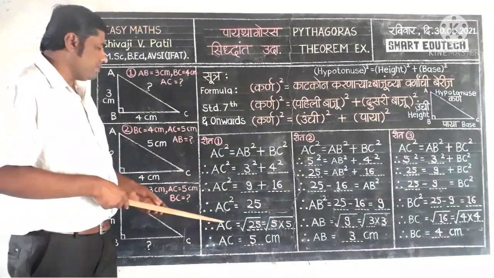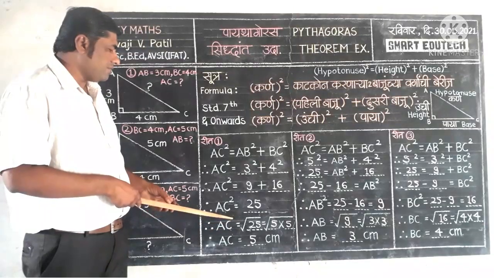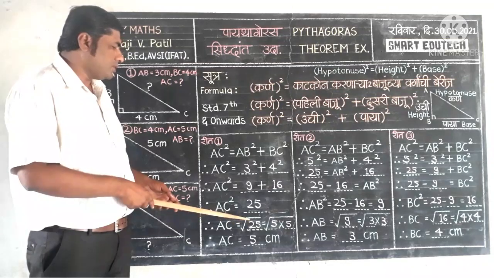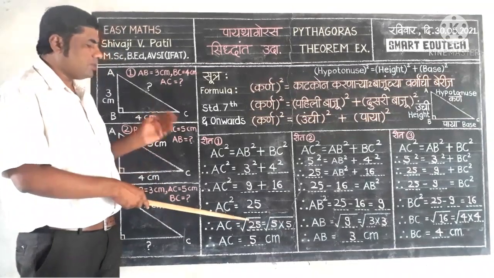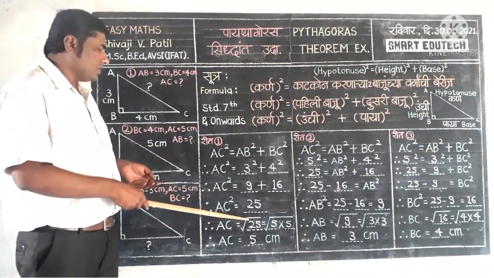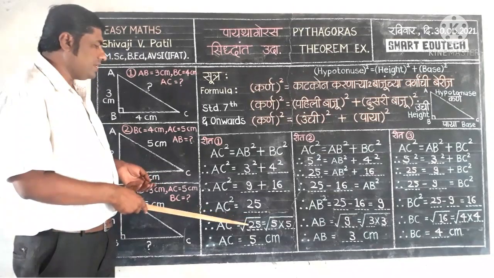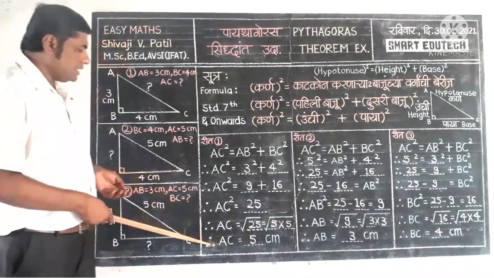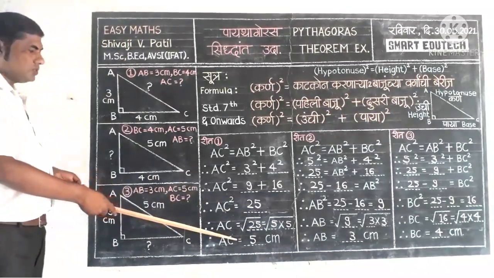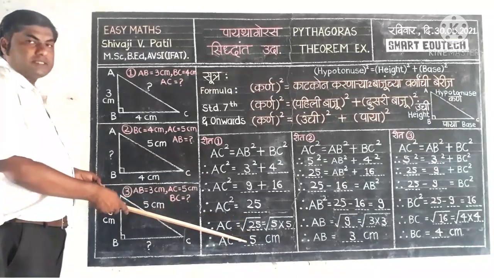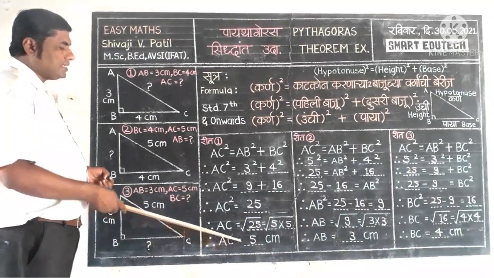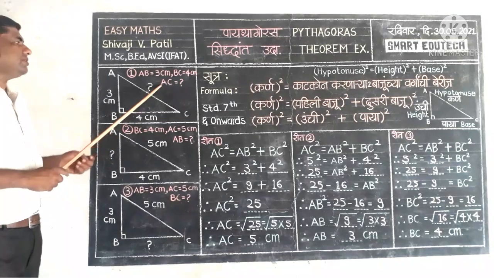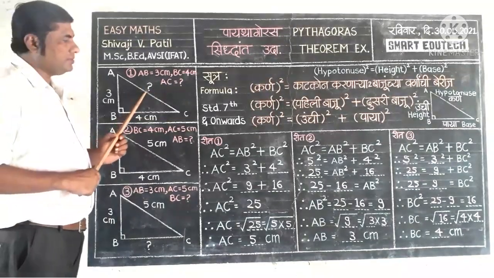So in the next step, I have removed the square from here and put the square root sign above 25. Square root of 25 is equal to square root of 5 into 5. Therefore, AC is equal to 5. So we get the answer AC is equal to 5 cm.